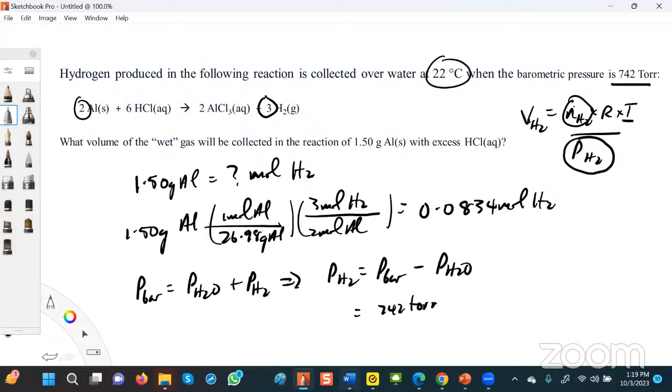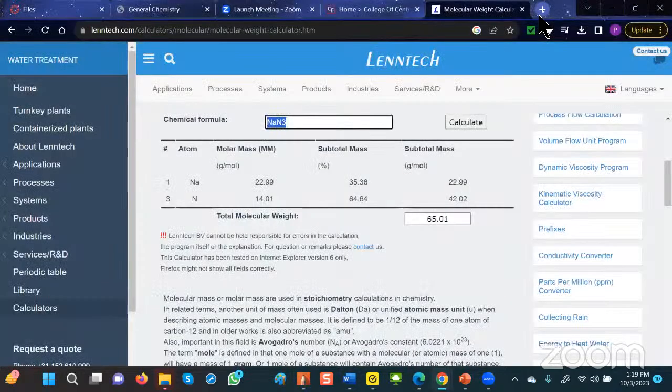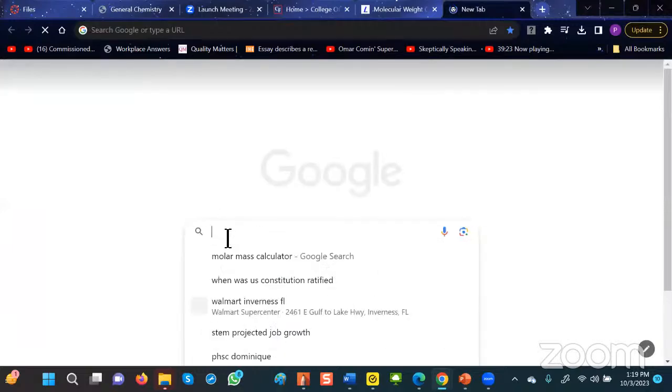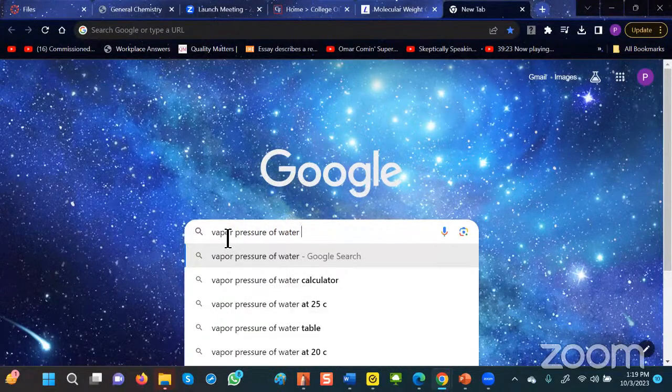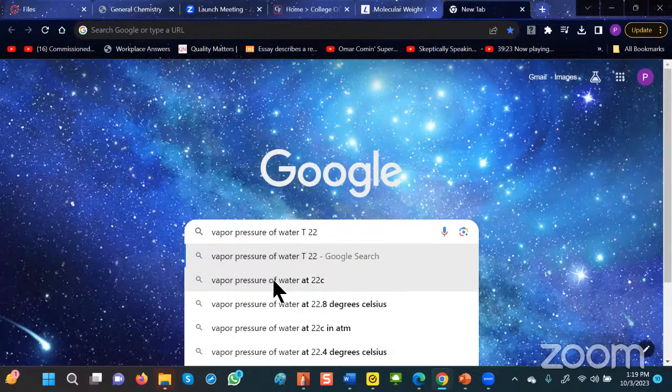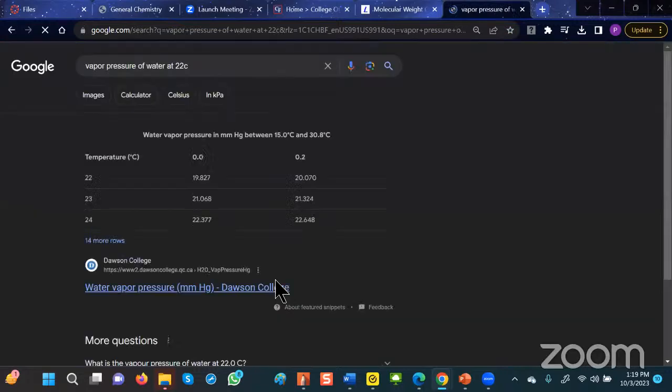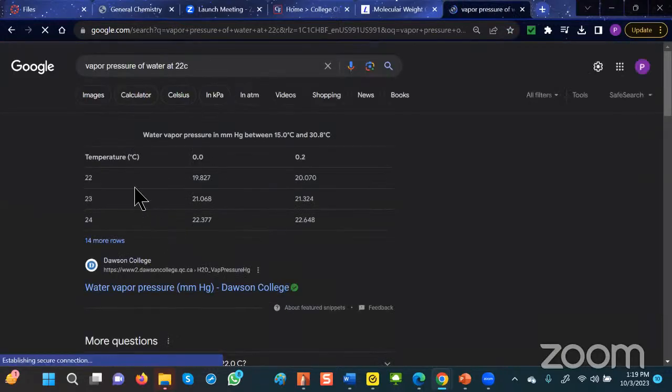So what I'm going to do is a quick Google search to find the vapor pressure of water at 22 degrees Celsius. Let's see what that gives. Oh, that's not water.